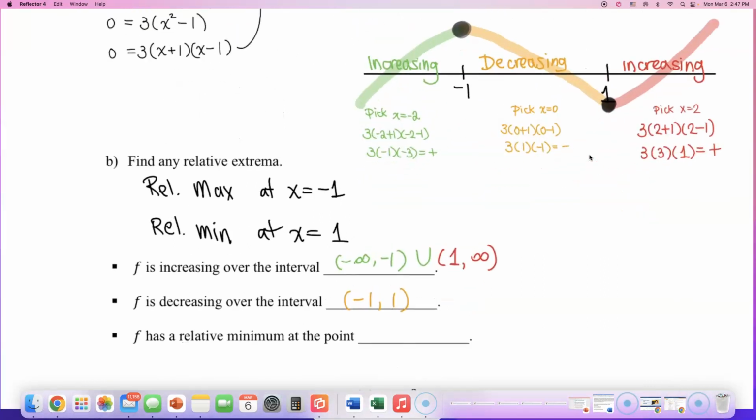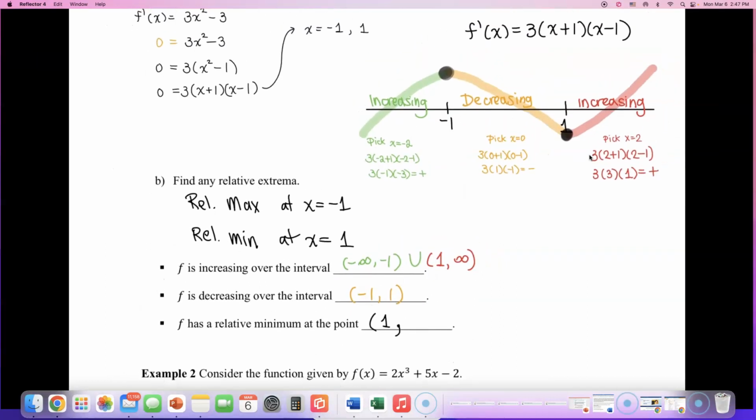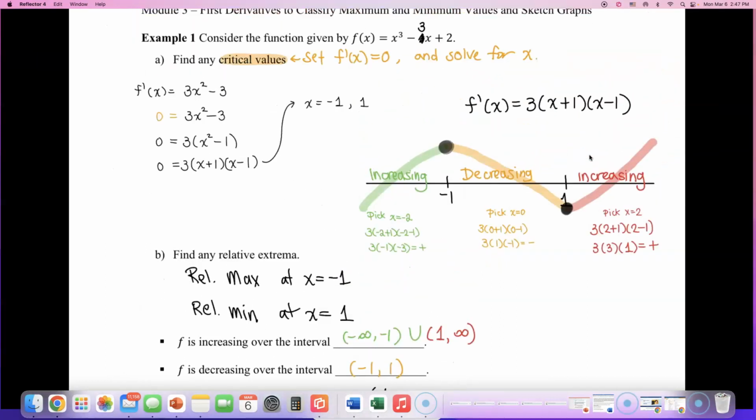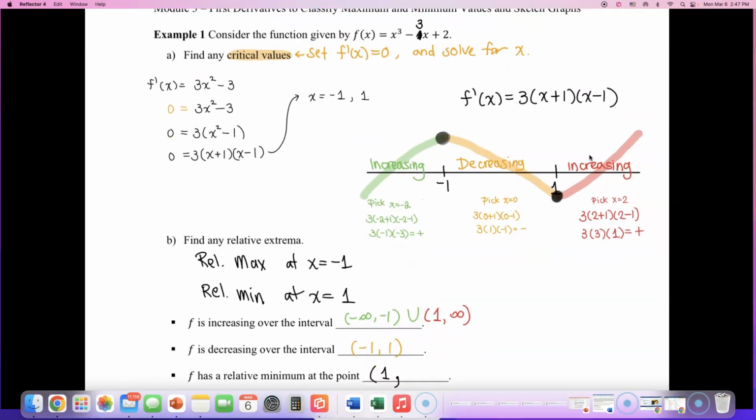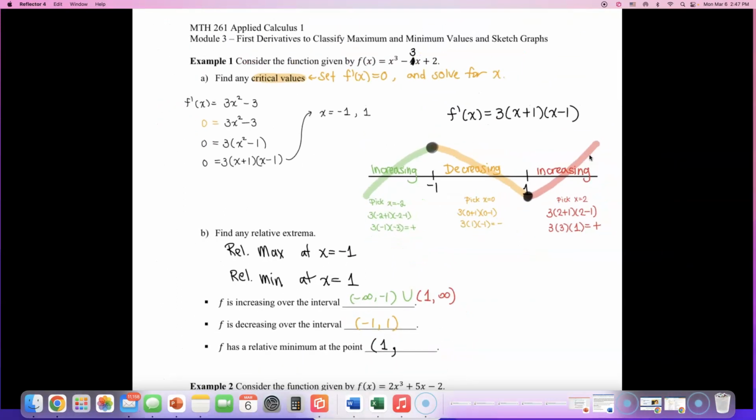Now it looks like they don't want just the x value because we know where the relative minimum happens. We know it happens at +1, right? Because that's the lowest point. But when they say point, they want us to find its y coordinate. So if you want to find the y coordinate of x equals 1, we need to go back to the original function and plug in 1 into the original function.